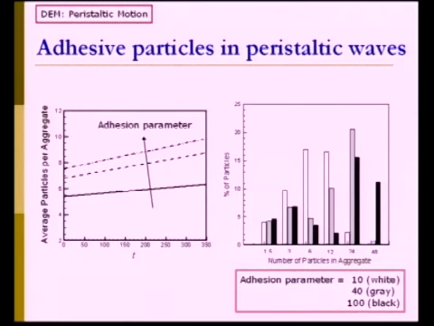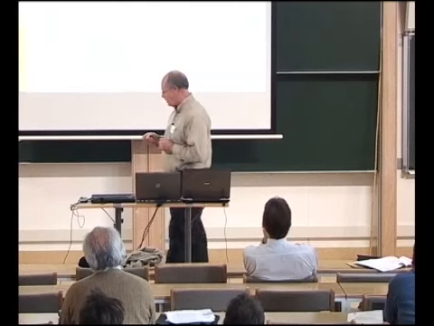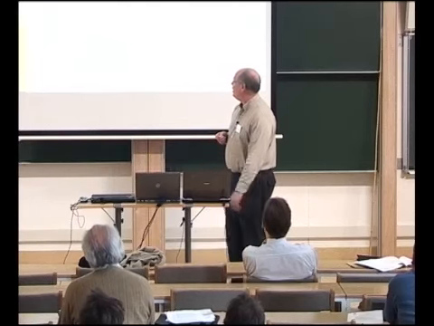I don't know how pertinent that is, but basically this is what you would expect: the higher the adhesion coefficient for van der Waals adhesion, the larger the aggregates that you get. But this is actually kind of bimodal. If you look at the black lines here, you get some large aggregates, but also some smaller aggregates, because the aggregation is most active towards this nodal point of the straining field, and then you get smaller aggregates in the other parts of the flow.